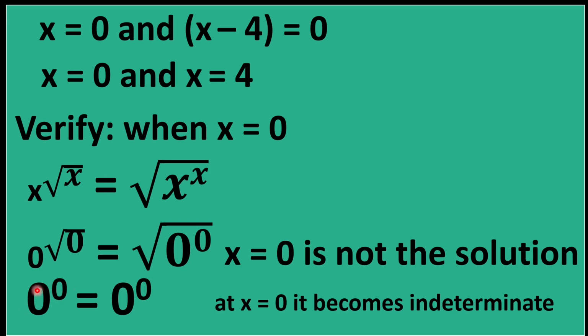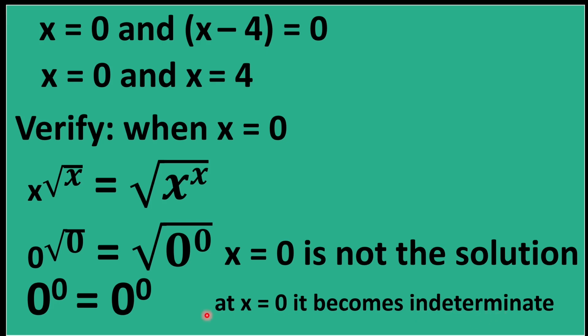Please remember one thing more, that some people consider 0 power 0 equal to 1. So if you think about this theory, in which 0 power 0 is equal to 1, then this will become 1 and this will also become 1. So according to that theory, it satisfies the condition. But according to algebra, it is strictly said that 0 power 0 is an indeterminate form.